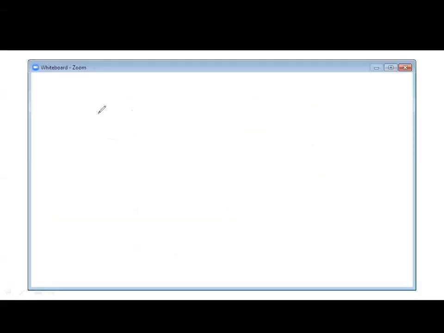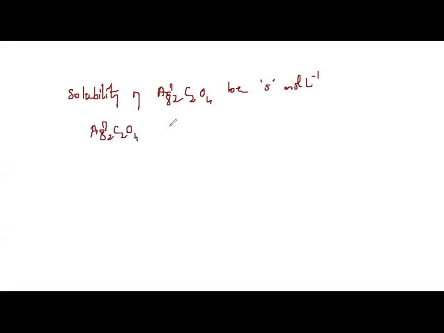Let me say the solubility of Ag2C2O4 is S moles per liter. How will it dissociate? This is S, the solubility. It will dissociate to give me Ag plus, there are 2 moles, plus C2O4 minus 2, and there is only one more.